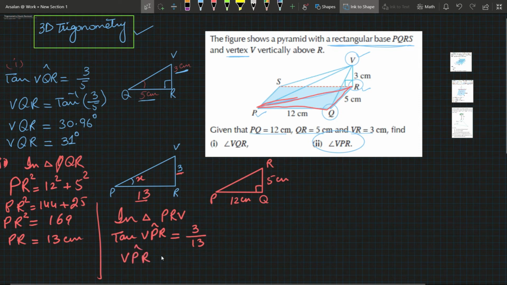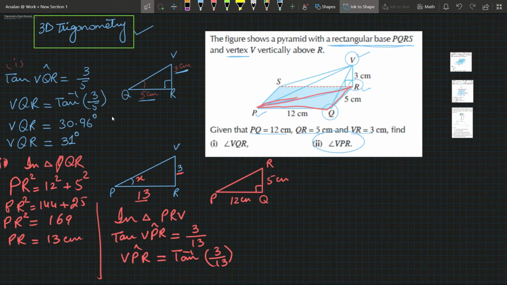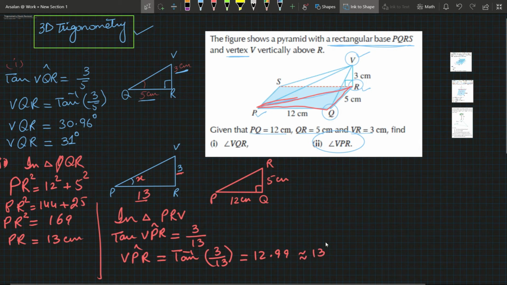VPR is equal to tan inverse of 3 over 13, and then you'll use your calculator. Shift tan inverse 3 over 13 will give you, make sure your calculator is in degrees, 12.99, which will be approximately equal to 13 degrees, right?